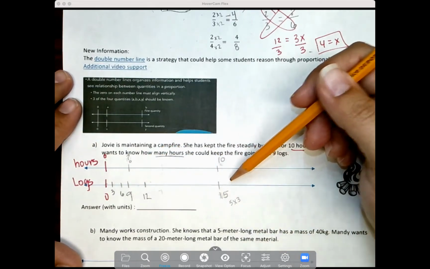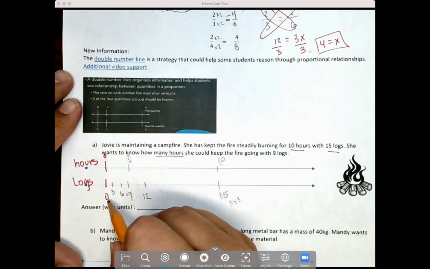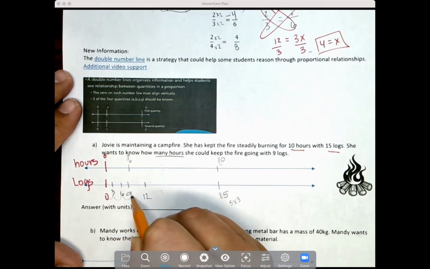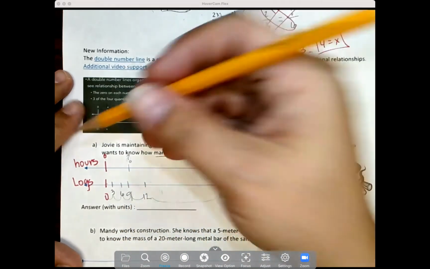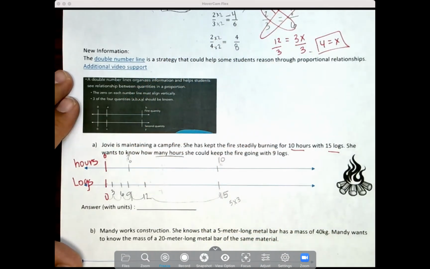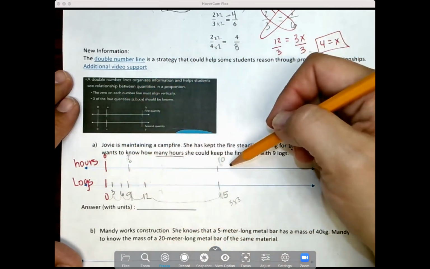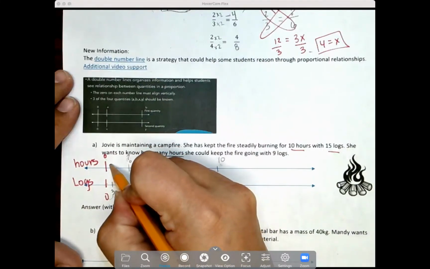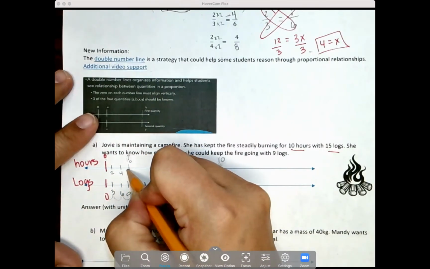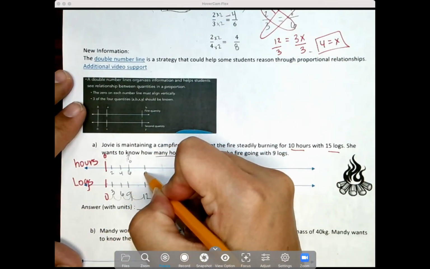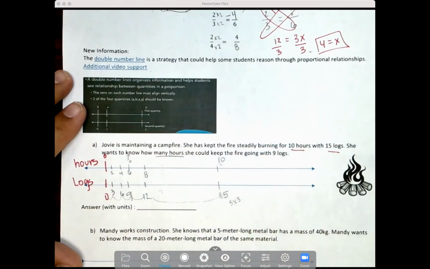Okay. So then if I break these down, and I have 1, 2, 3, 4, 5 sections, how can I break down my 0 through 10 into 5 sections? Well, I could do that as 2, 4, 6, 8, and 10.